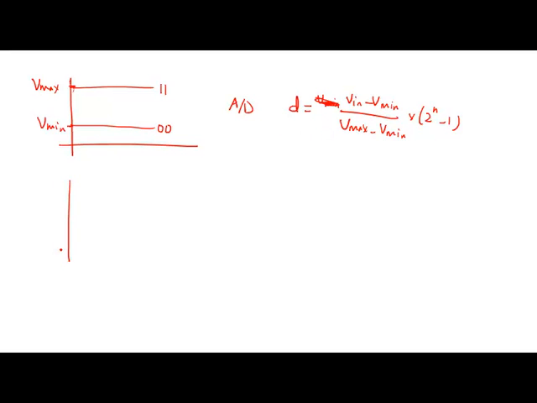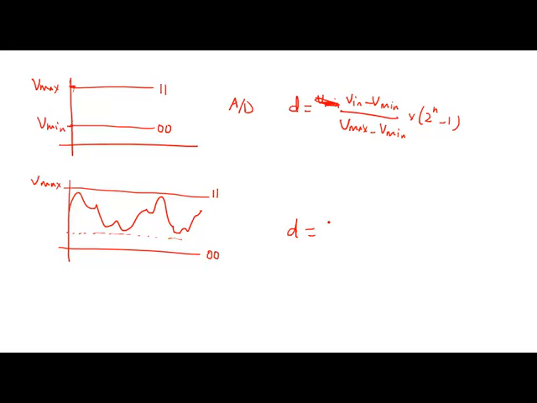However, if your signal is always changing between Vmax and Vmin, but you don't tell that to your A to D converter and just let it work on its default values, then your A to D would work on the condition that Vmin is 0. You will not get the equation that I showed you above. So your D here is going to be Vin divided by Vmax times 2 to the n minus 1.